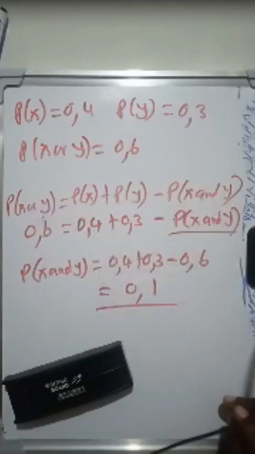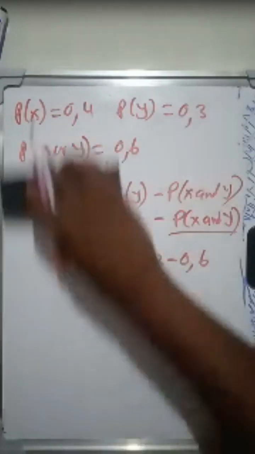Let's go to number E. Number E is saying two mutually exclusive events. Now they said mutually what? Exclusive events, right?